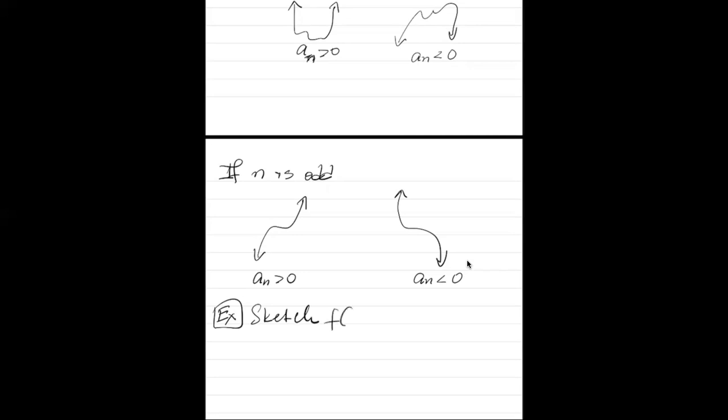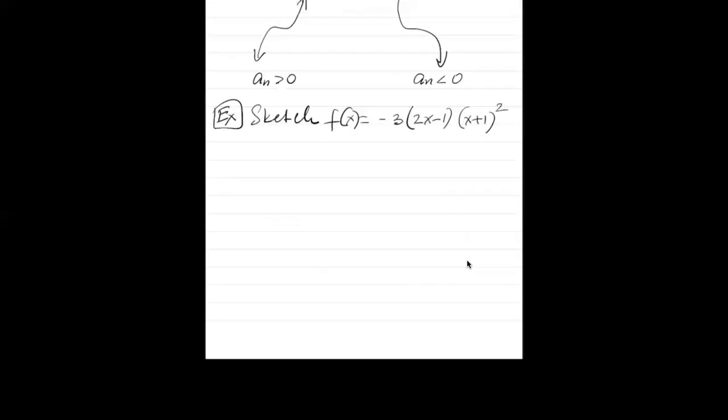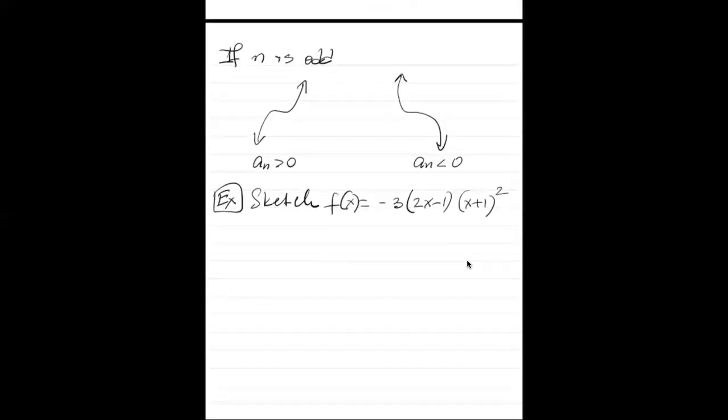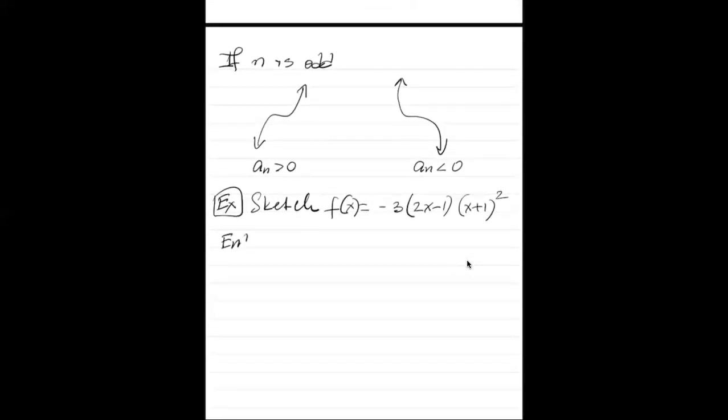So it's best to have an example where we sketch the polynomial f of x equals -3(2x minus 1)(x plus 1) squared. So we'll talk about first end behavior. Before we graph it, we want to know how the graph behaves. To determine the end behavior, we need the degree. So what's n? If you follow mentally, you're going to have x squared times x, so it is 3.